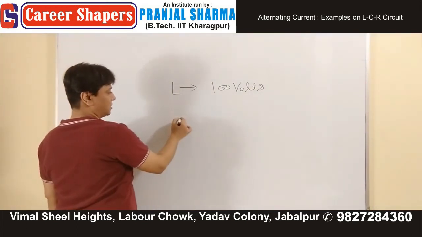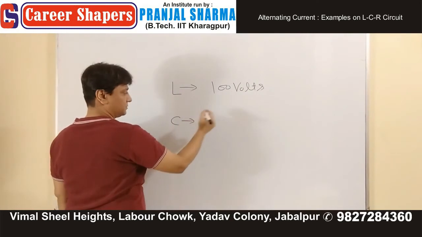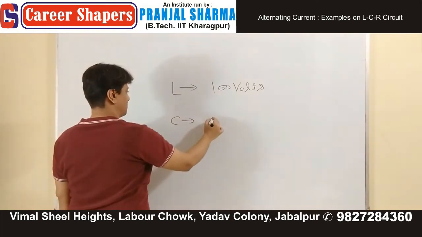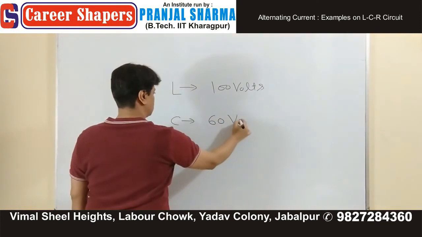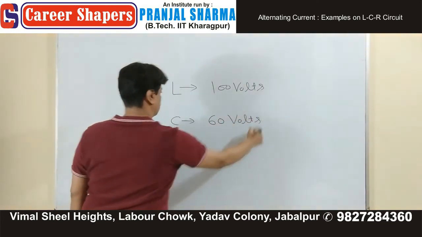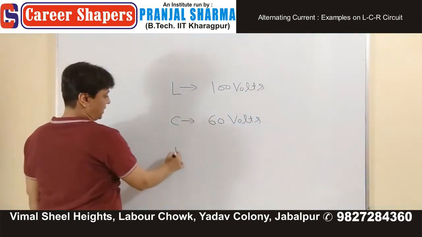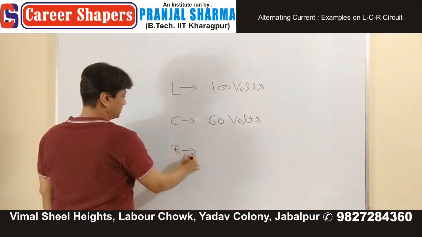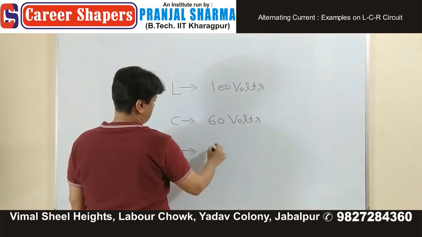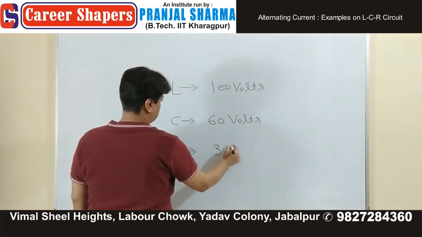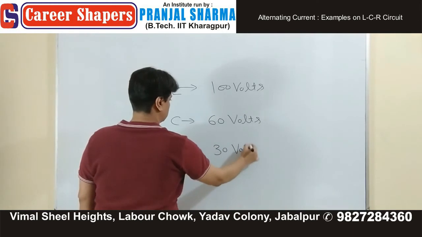Potential difference across the capacitor is 60 volts, and potential difference across the resistor is 30 volts.